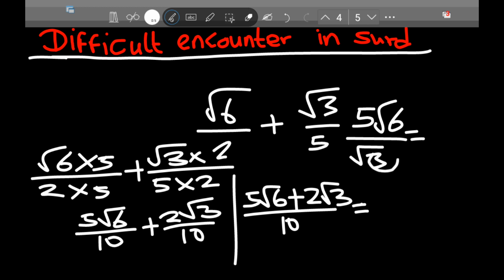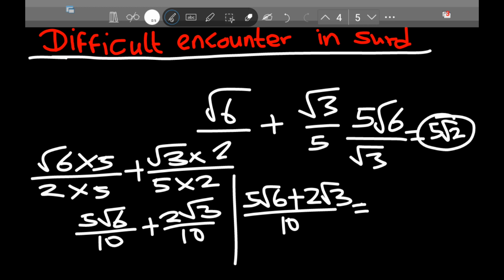So this 3 will divide this 6 2 times. So leave behind a 2. So you should get 5. This 5 will remain where it was. 5 root that quotient, root 2. Because if you divide this 6 by 3 here, you should get 2.